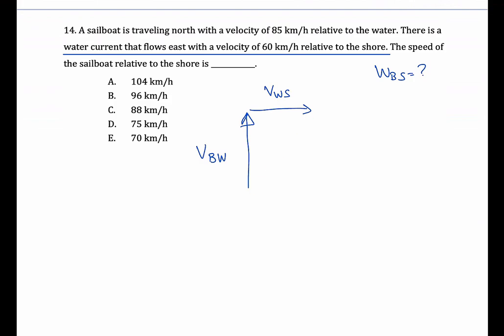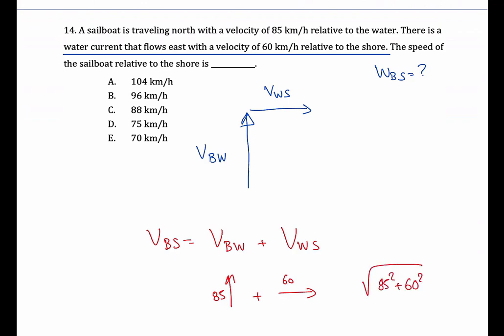However, we can say that the velocity of the boat relative to the shore is equal to velocity BW plus velocity WS. So we need to add the vector 85 up plus the vector 60 to the right. Because they form 90 degrees, we need to apply the Pythagoras theorem. So the root of 85 to the power of 2 plus 60 to the power of 2. The result will be just a little bit above 100 if I'm not mistaken. And indeed it is 104 kilometers per hour.